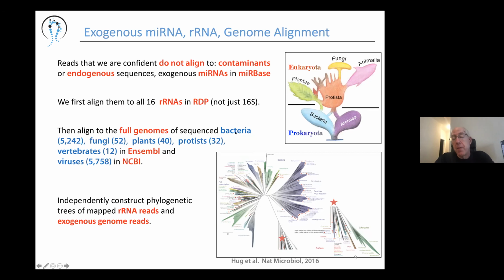So at the time of the publication, all bacterial genomes, all fungal genomes, plants, protists, and then a subset of vertebrates that are likely things that would be in the diets of humans, so things like cow and other representatives. And then we also map against all the viral genomes in NCBI as of the time of the publication.